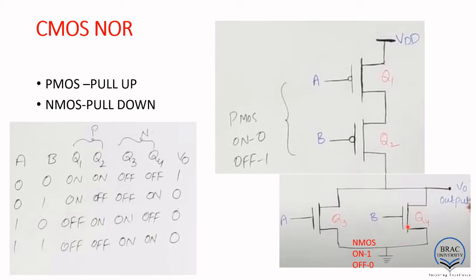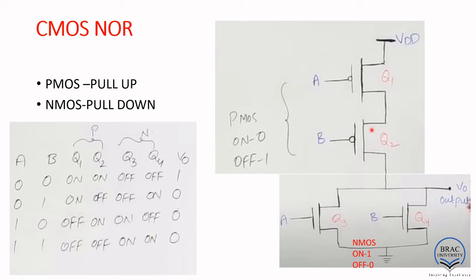On means this is shorted here and the other is open, but as this one is shorted, V0 is connected to ground, so we are getting the output as ground. And for the other one, this one will be on, this one will be off, so you are not getting the connection.